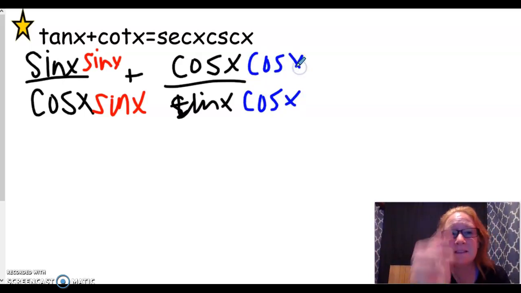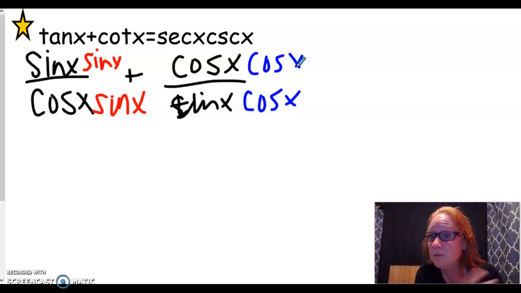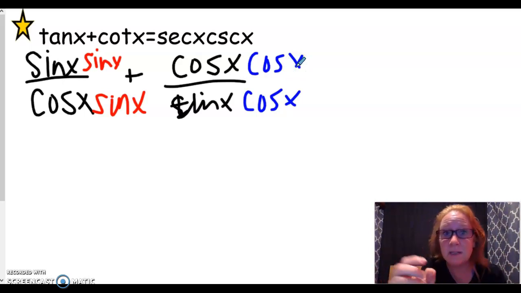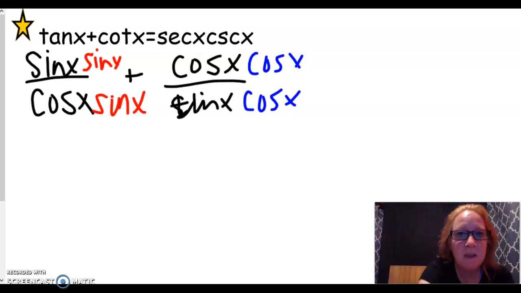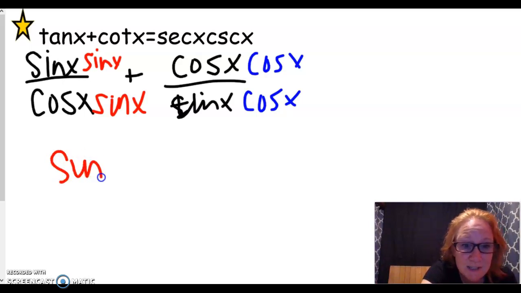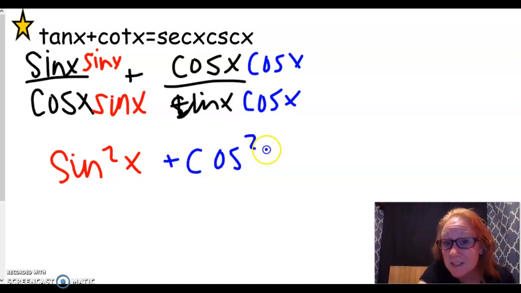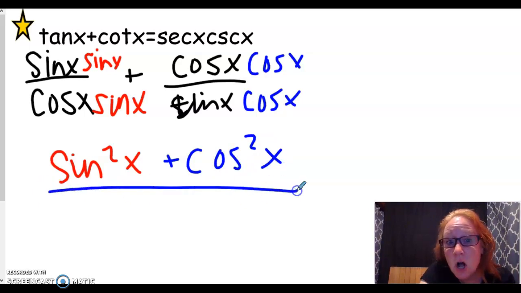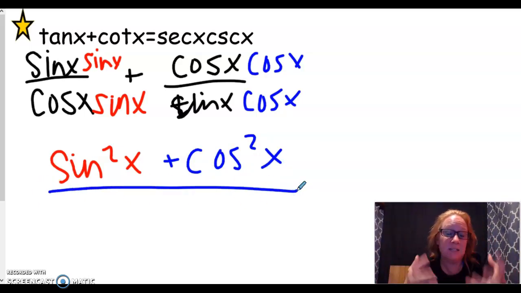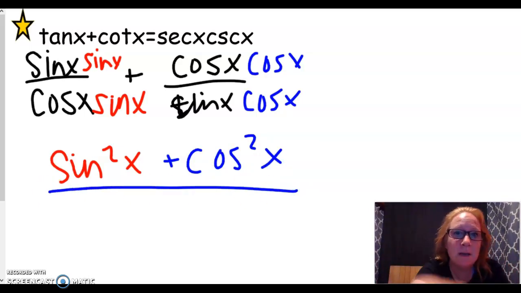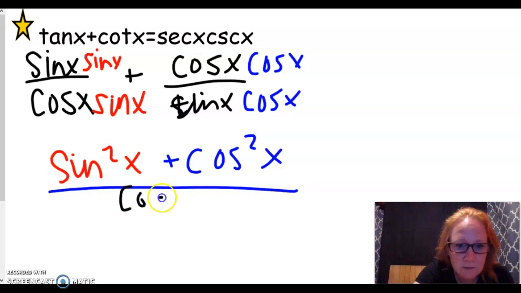One of the nice things, it's a video, so pause it if you have to catch where I am. Over here I get sine squared, and then cosine squared x over here. I can combine them because that's just how fractions work. Down here I've got cosine x sine x.